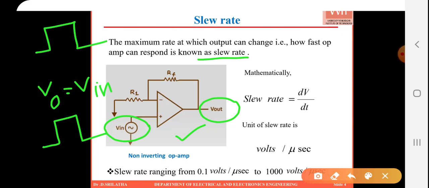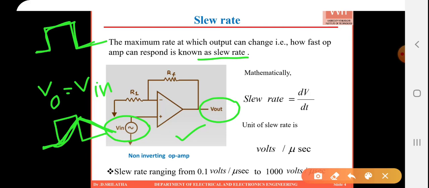But it is not happening exactly. The output of the op amp slowly rises and then slowly falls down. So if you are giving this type of input, we are getting this type of output from the operational amplifier. That is happening because of this slew rate.